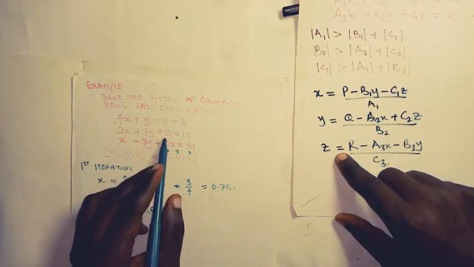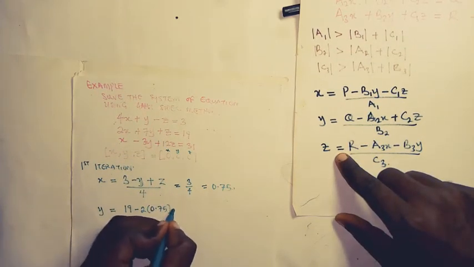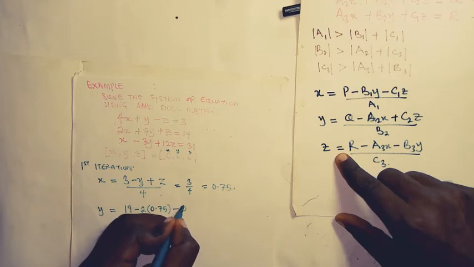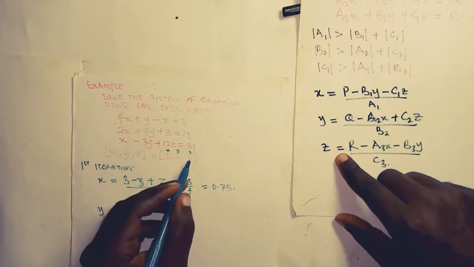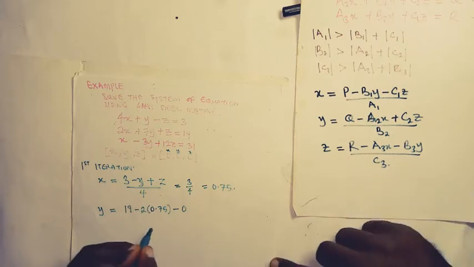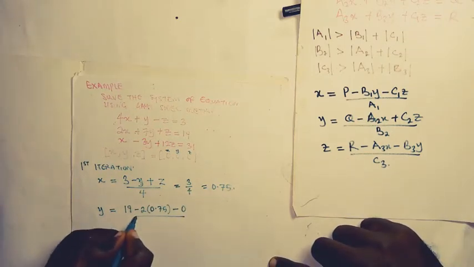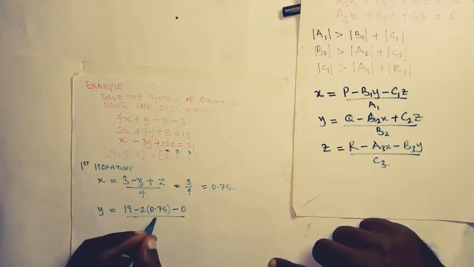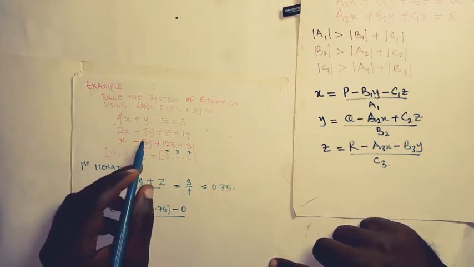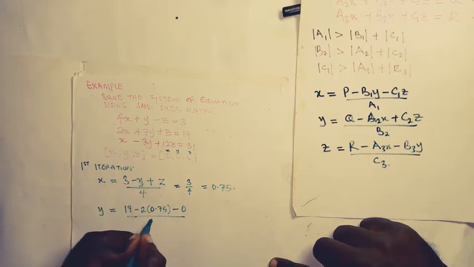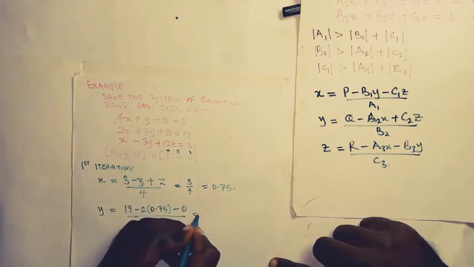Plus that will be minus z, which is still 0. z is still 0 because we have not calculated a new value for z. So divided by 7, the coefficient of y.